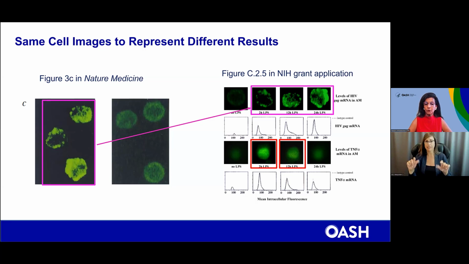The respondent copied and pasted to represent 2 different times after the LPS treatment. You cannot tell that they are the same because the respondent has intentionally manipulated the copied cell to hide the similarity.